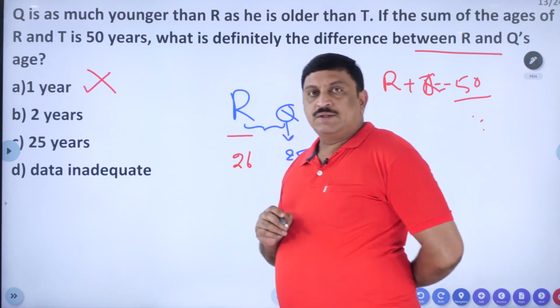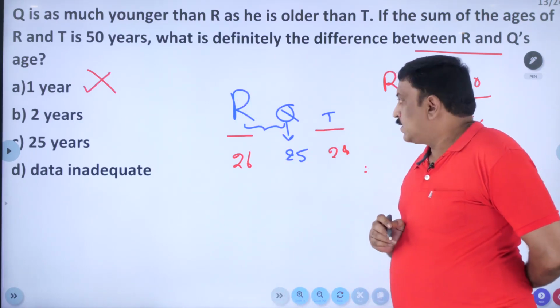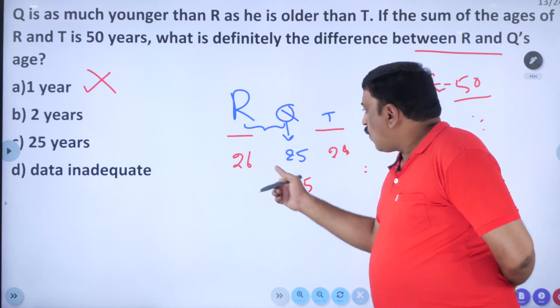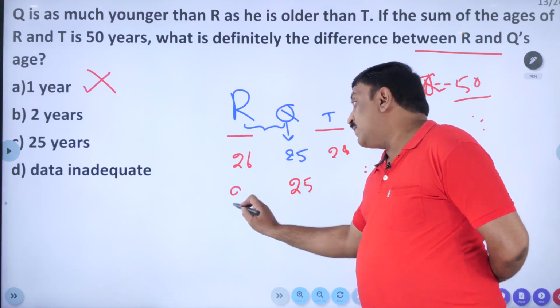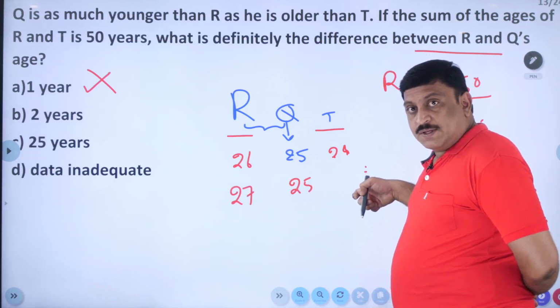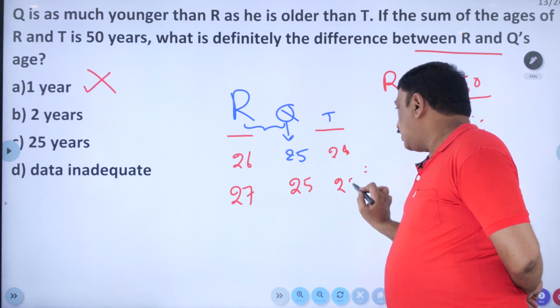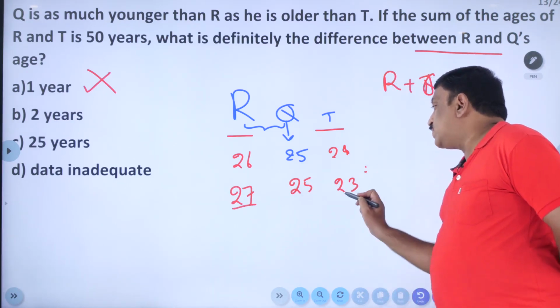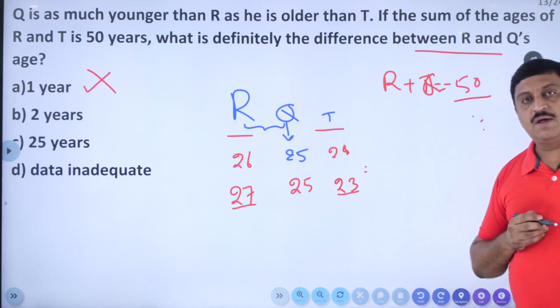Try with 2 years. If he is 25, yes, then 2 years difference means he will be 27. If he is 27, you remove 2 years from this person and see there is 23 and check whether it is 50. This one also, 27 plus 23, that is 50 only.